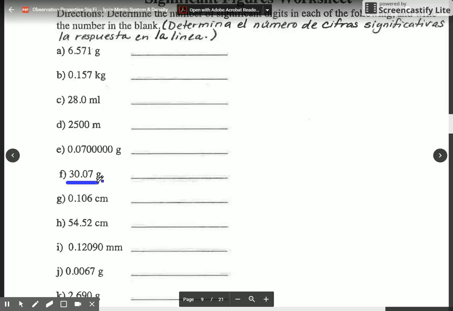So you have to count those zeros as well. So you have the 3, and both zeros are counting, and then the 7. So you're going to have 1, 2, 3, 4. So you have 4 sig figs here.